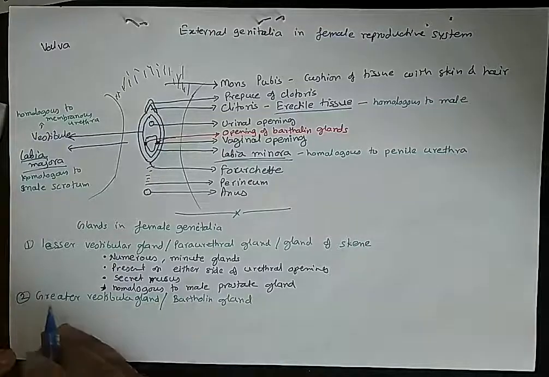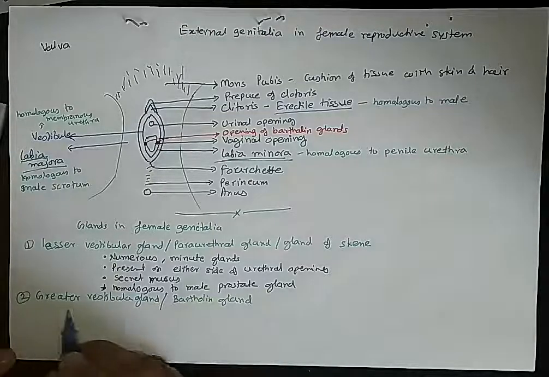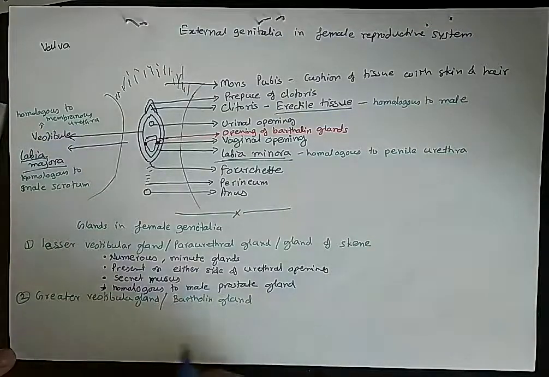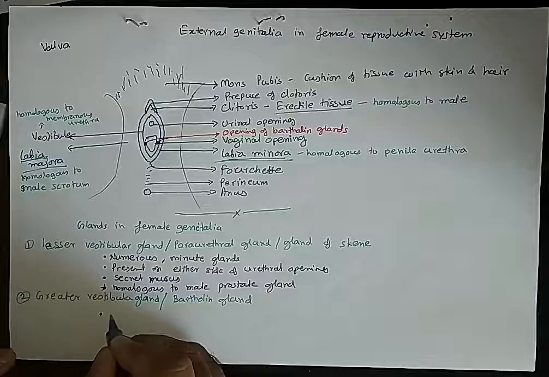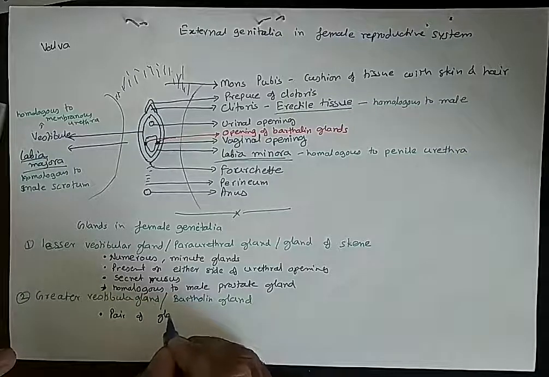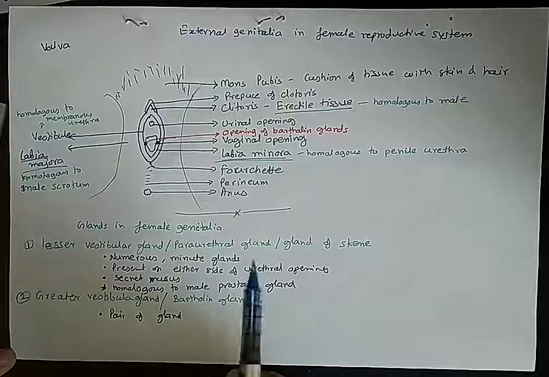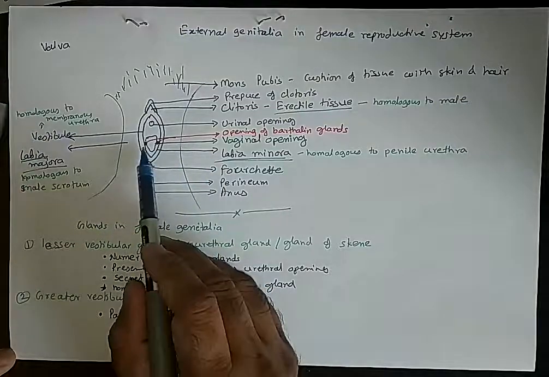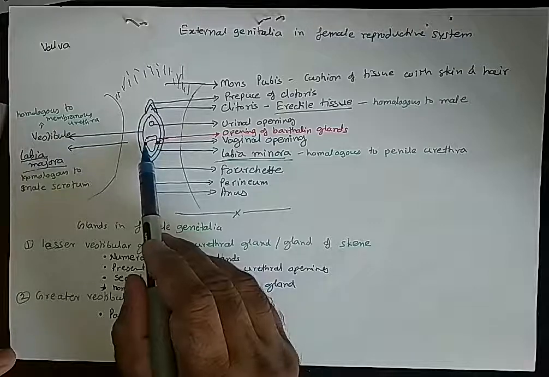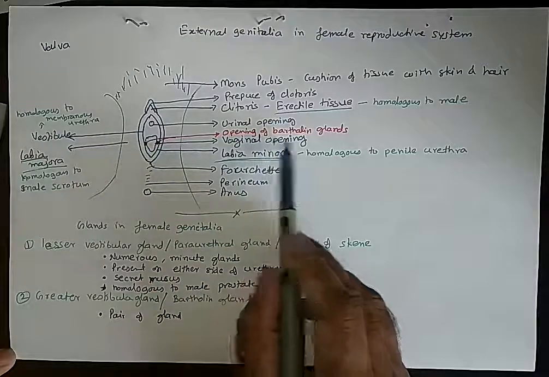Now the next part is the greater vestibular gland, also called the Bartholin's gland. It is a pair of glands, and you remember in the external genitalia we showed in red color these two openings, which are the openings for the Bartholin gland.